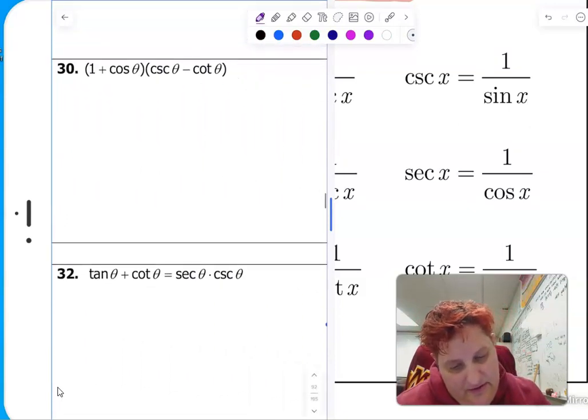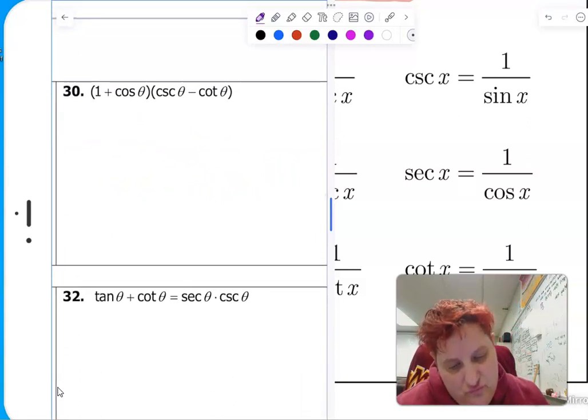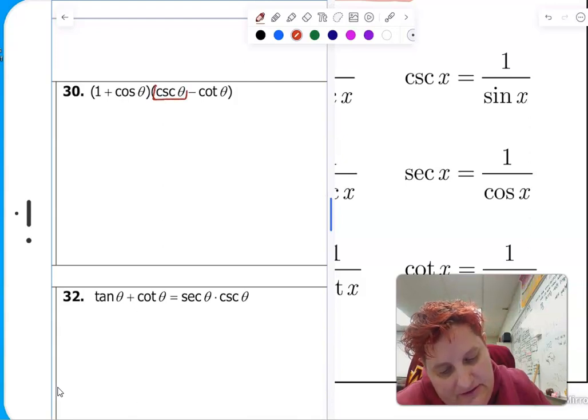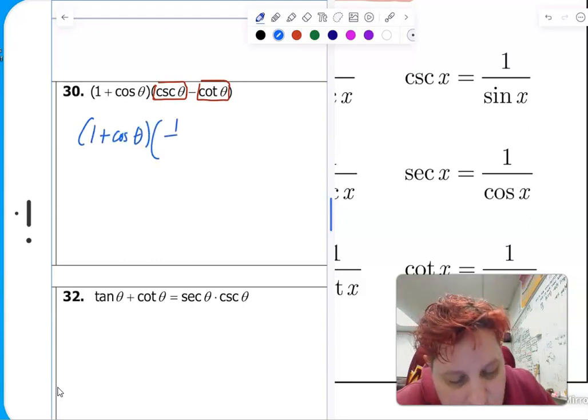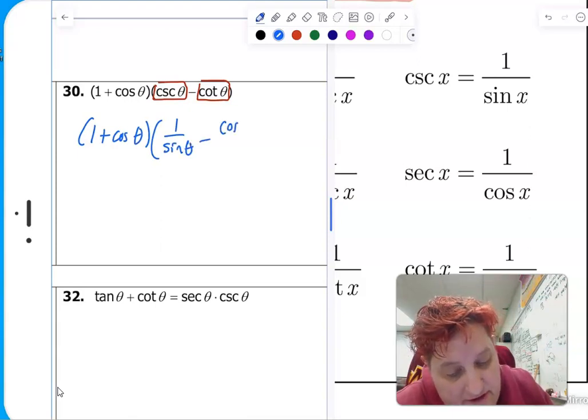Now, let's take a look at this. All right. I think I'm going to start by putting these in sine and cosine. Now, cosecant is 1 over sine. Cotangent is cosine over sine.